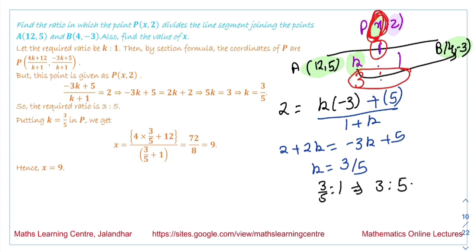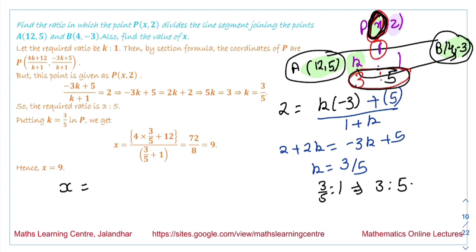So we are saying that the ratio in which this point P divides the segment AB is 3:5. Now we want to find the coordinate x. Points A and B are known, and the ratio we know is 3:5.